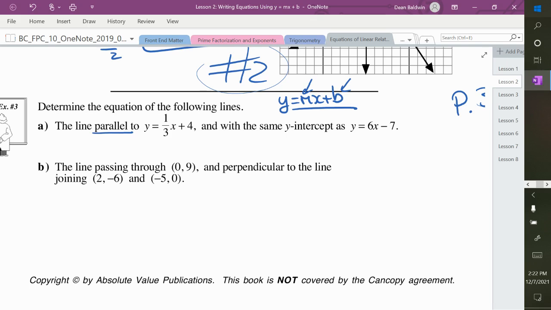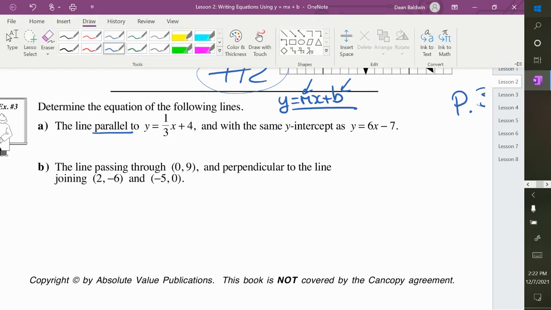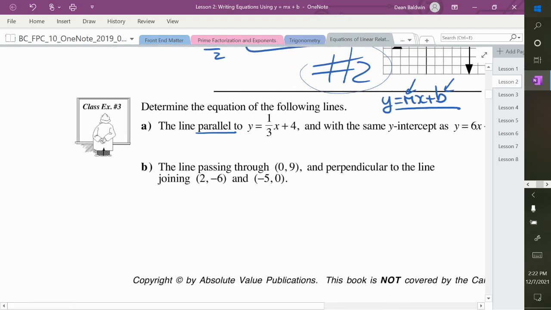That's perpendicular. Parallel lines have the same slope. So it's parallel to this line. What is the slope of that line? 1/3. So the slope that we need is 1/3.